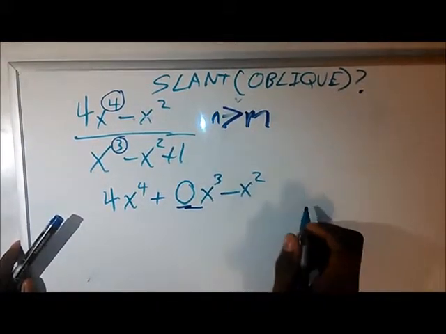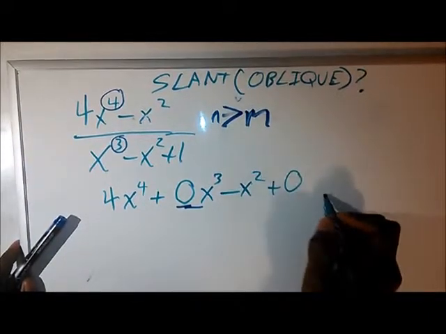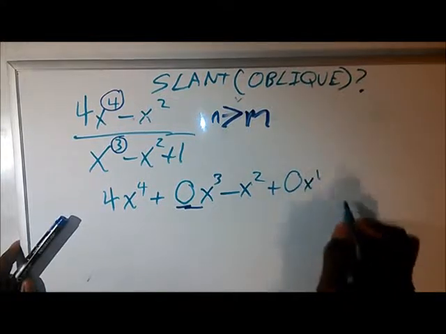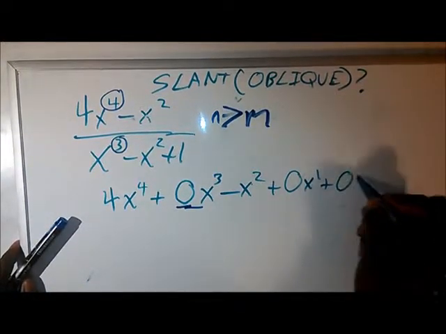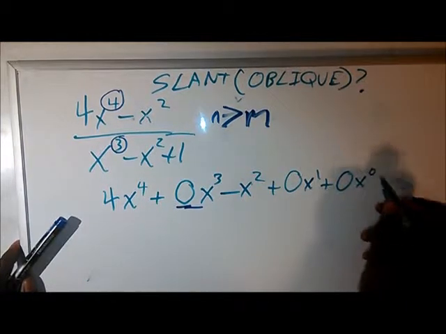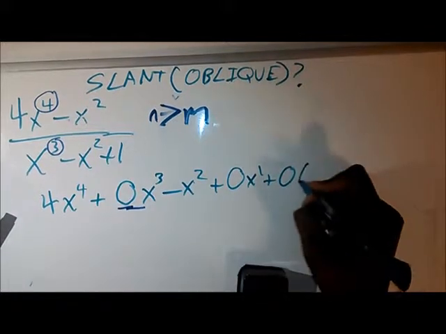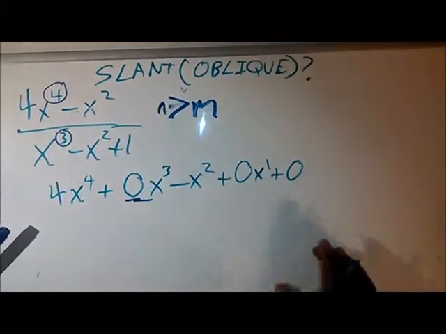And what else are we missing? We're missing a 1, so we'll put another placeholder here. And we're also missing the 0 power: plus 0 times x to the 0 power. We can leave this one as 0 because x to the 0 power is 1, and 0 times 1 is 0, so we'll leave it like that.